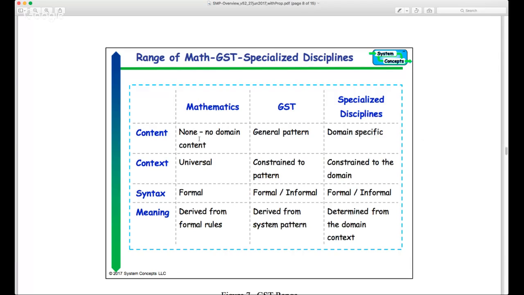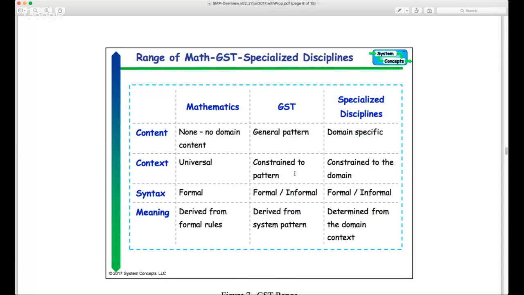So the content for mathematics is none. GST is a general pattern, and the specialized disciplines are domain-specific patterns, so in this content it is domain-specific.